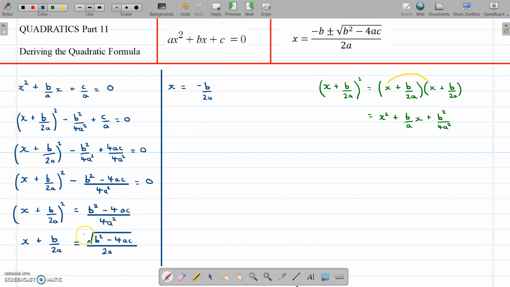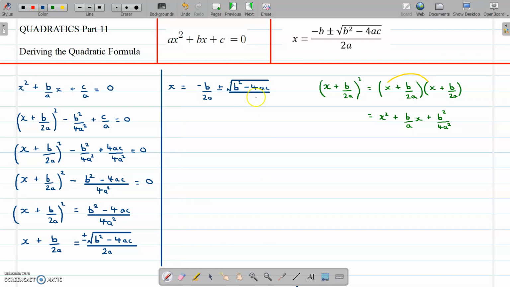And I'm going to also introduce on the square root a plus and minus there. Okay, and this becomes minus b over 2a plus or minus the square root of b squared minus 4ac, okay, also over 2a. Okay, so that is also over 2a.